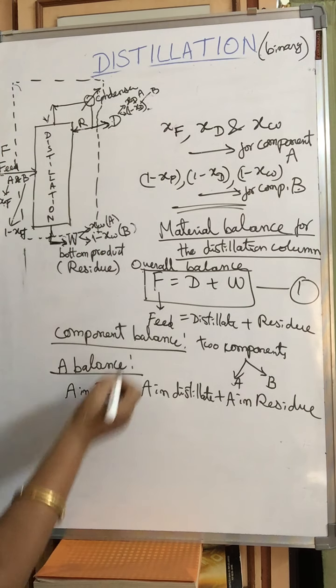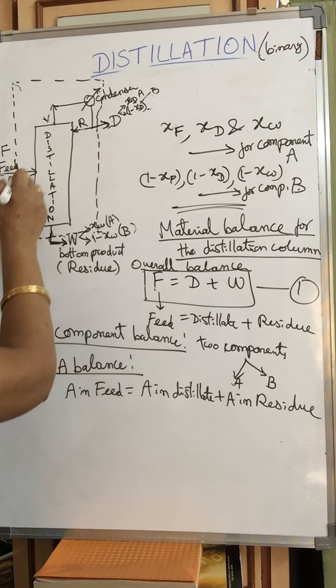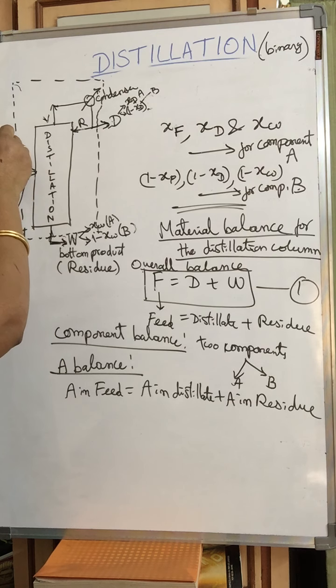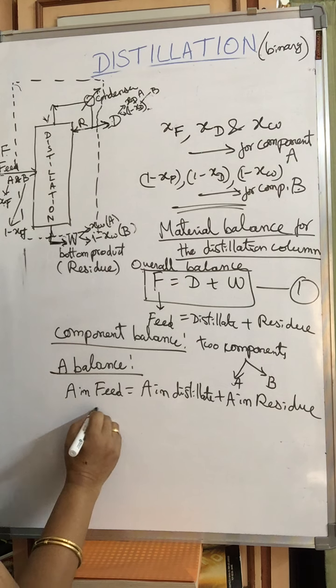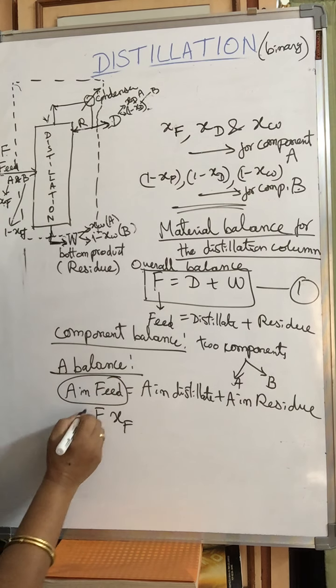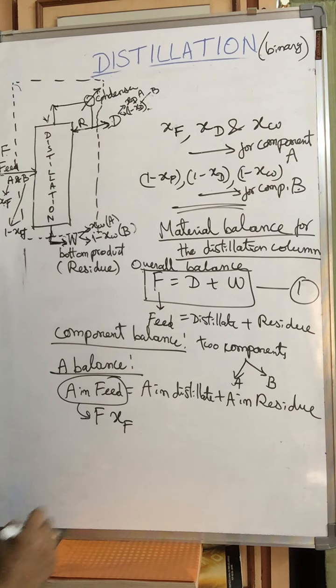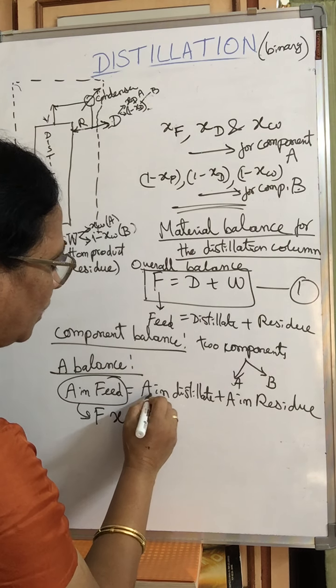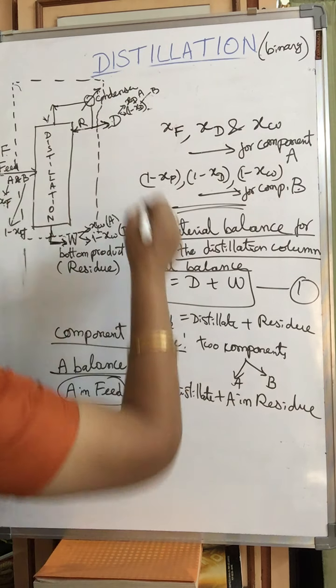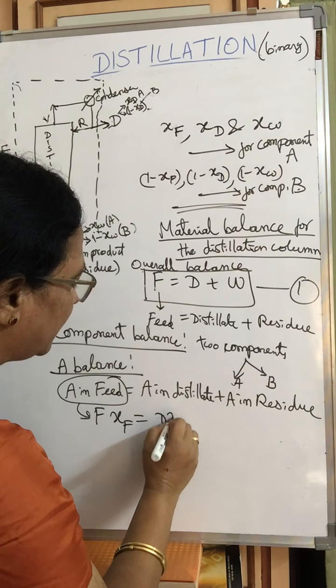Okay. So A in feed is what? Weight fraction of A in feed is XF. Total weight is F. So F into XF. So this is A in feed. Next, that is equal to A in distillate. Total distillate is D. Weight fraction of A in distillate is XD.